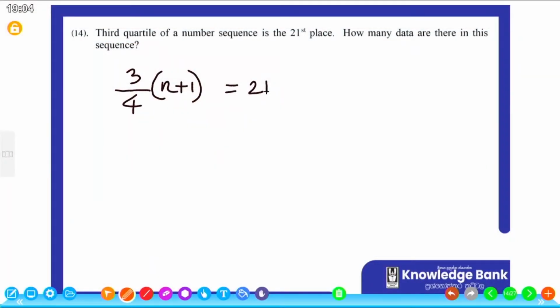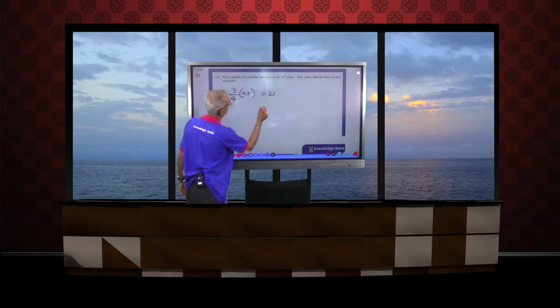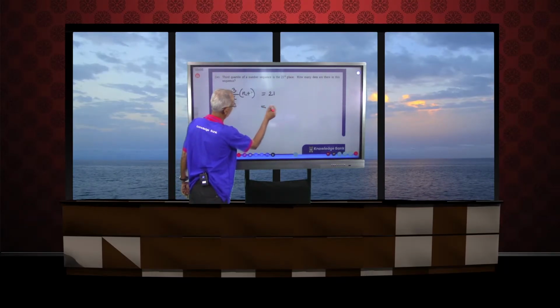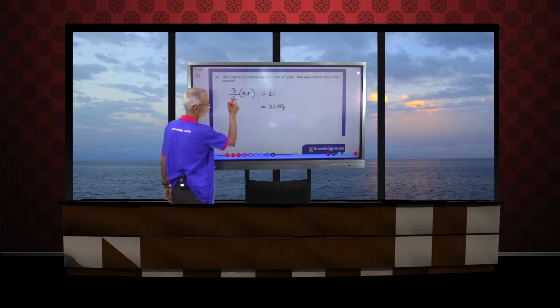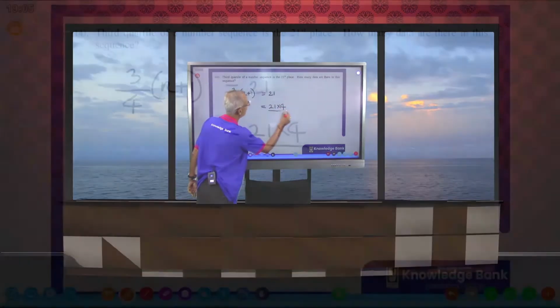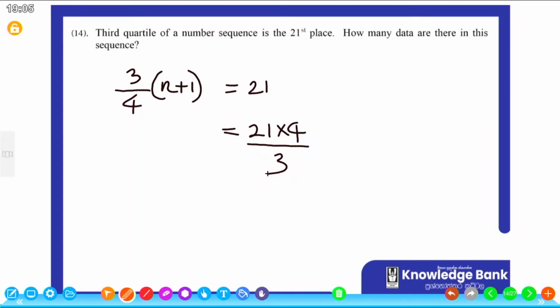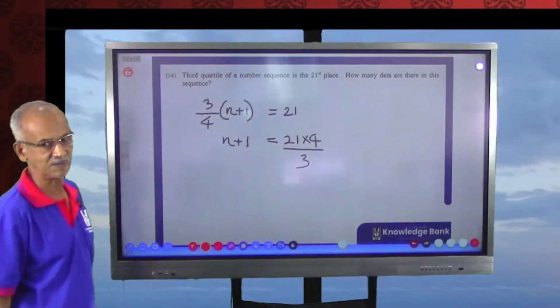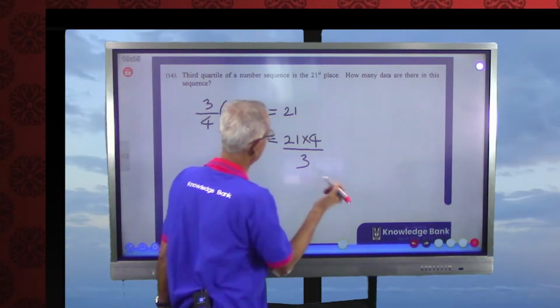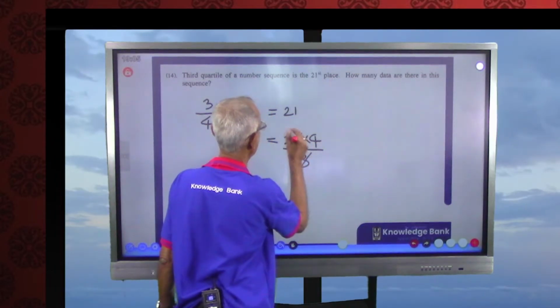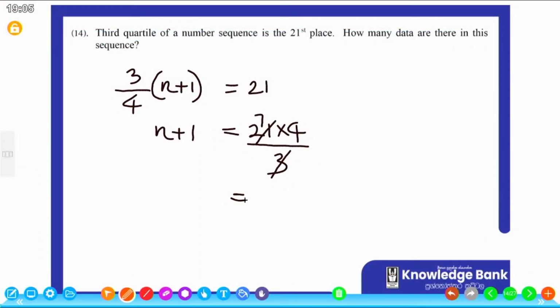I will multiply both sides by 4. Then 21 into 4. Then you can cancel this 4. Then I will divide this side by 3. Then 3/4 has gone to your right hand side, and n plus 1 will remain on the left hand side. Simplify this: 3 times 7, and 7 into 4 is 28.